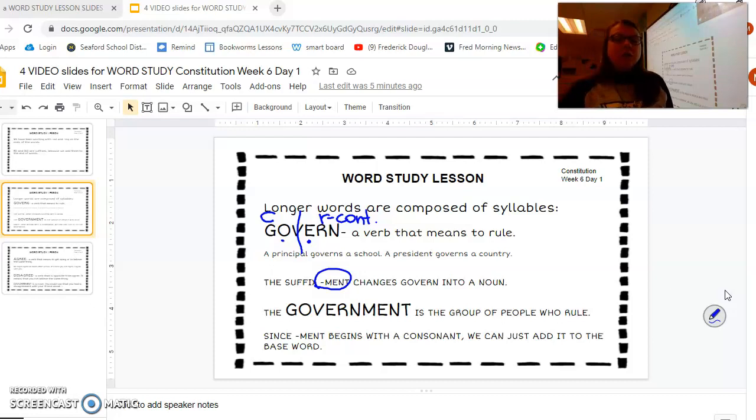And it's going to change the word from a verb into a noun. The government is a group of people who rule. Since ment begins with the consonant, we can just add it to the base word. So govern and government. Okay?